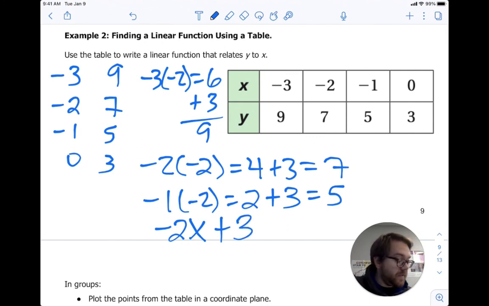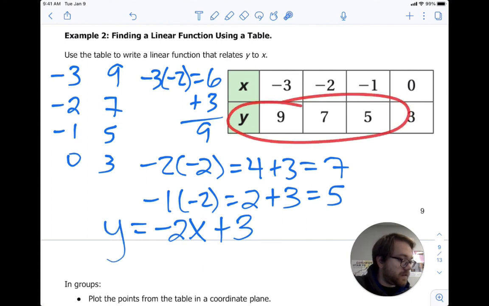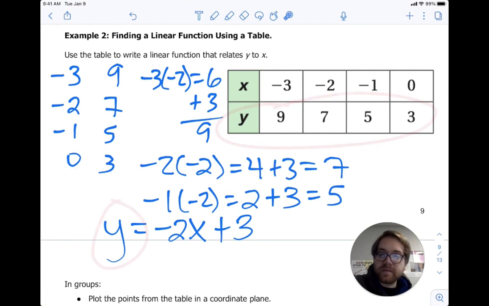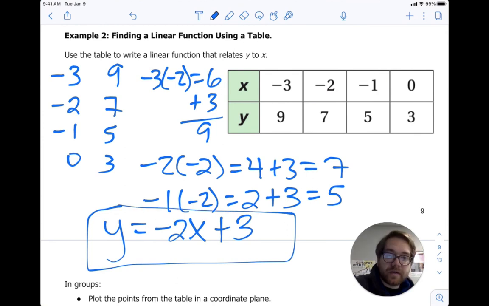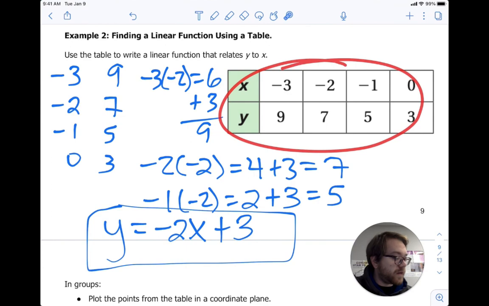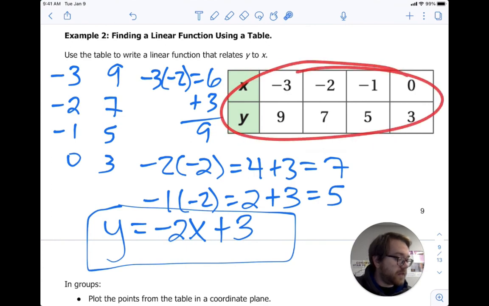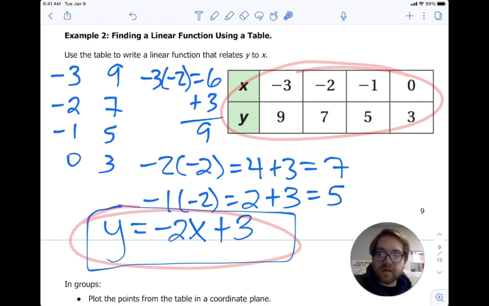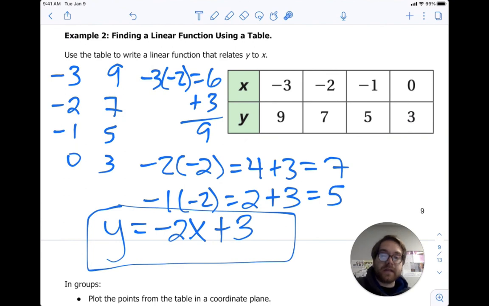And that gave me my y values here. So I took my x values, I multiplied by -2, and then I added 3, and that gave me my y values. And so what I have here is an equation that represents this table, right? This linear function table as an equation is this right here: y equals -2x plus 3.